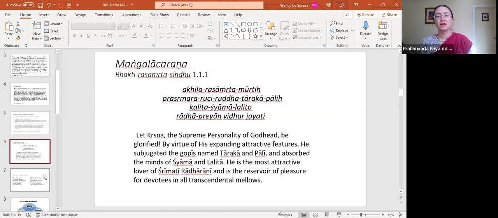It means that Krishna is the Murti, the form, of Akhila Rasa. Akhila means complete, and Rasa means what we've been talking about, this sweet taste that comes from a relationship, how it's amrita, nectarian, and eternal. So Krishna is the complete form of all eternal rasas, of all sweet eternal relationships.